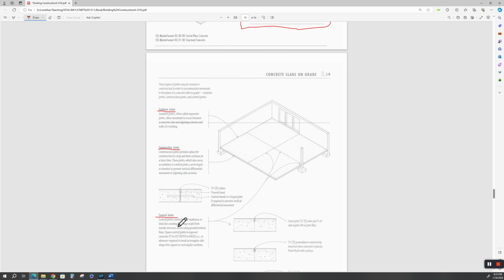Construction joints provide a space for construction to stop and then continue at a later time. These joints also serve as isolation or control joints. They can be keyed or doweled to prevent vertical differential movement, but allowing slab sections to move apart. You'll see a lot of construction joints like this in roadways, with the exception that there'll be a key on one side that'll hold this rod.